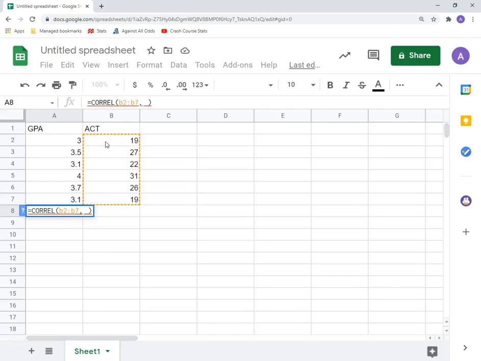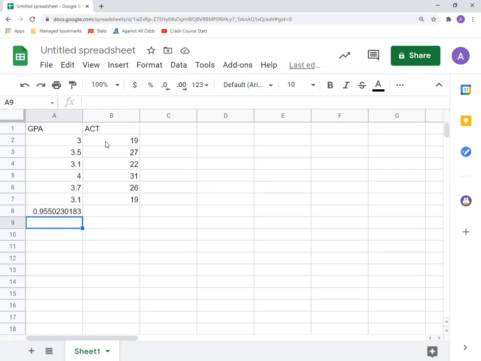And then I'm going to put a comma and a space. And then I have to put in my X data, which is the GPAs, so from A2 to A7. I don't know why Y has to come first, but that's the way Google Sheets is written. And then notice it does put in a little thought bubble above it, but if I hit enter, it'll actually put the correlation value into the cell. It's done.